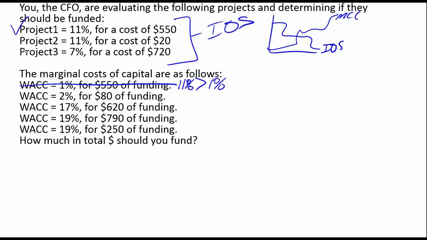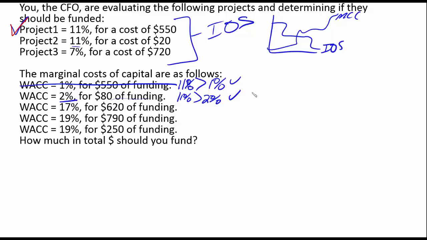Then we're going to go down to project number 2. Okay, so project number 2, we're looking at a return of 11%, cost of $20. We're going to look at the next available funds that we have, which is that we now have $80 of funding available at 2%. Okay, so we are going to put that in there. Is 11% greater than 2%? Yes, it is, and so we're going to use these funds.